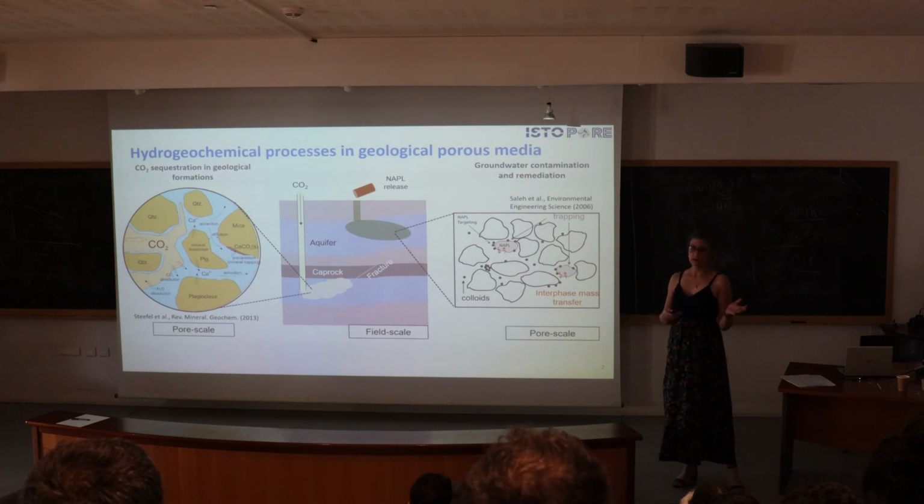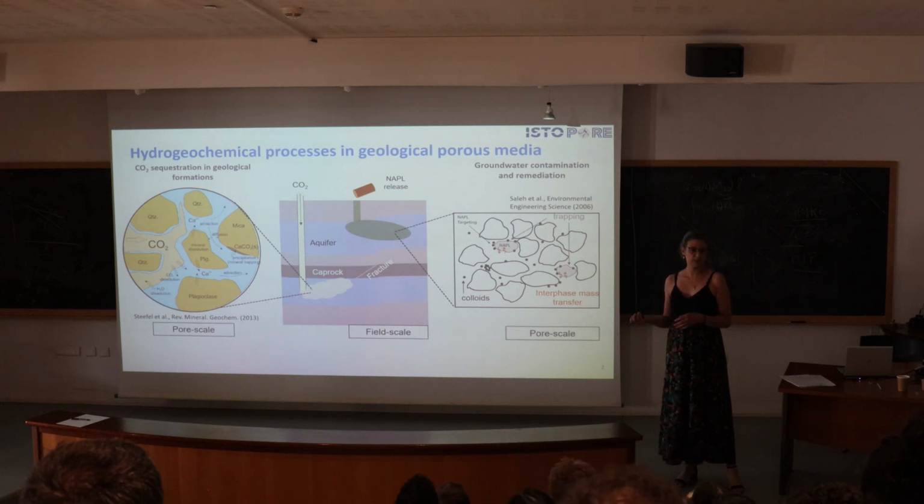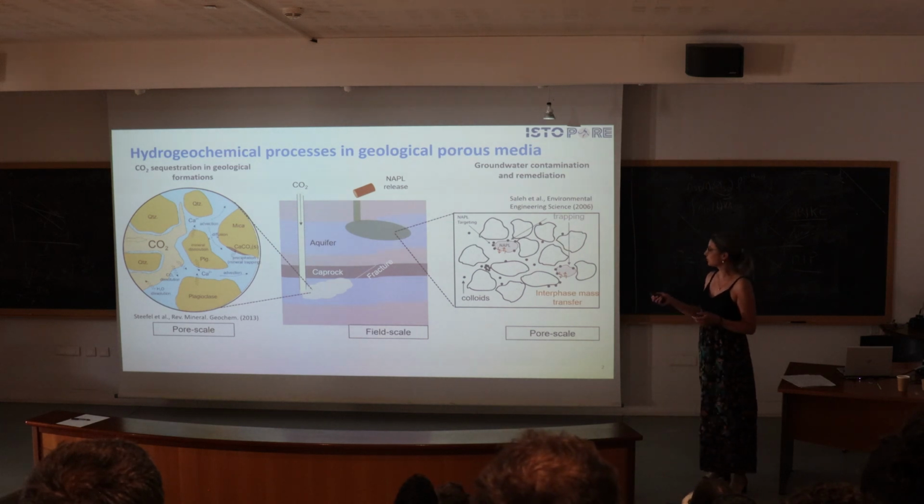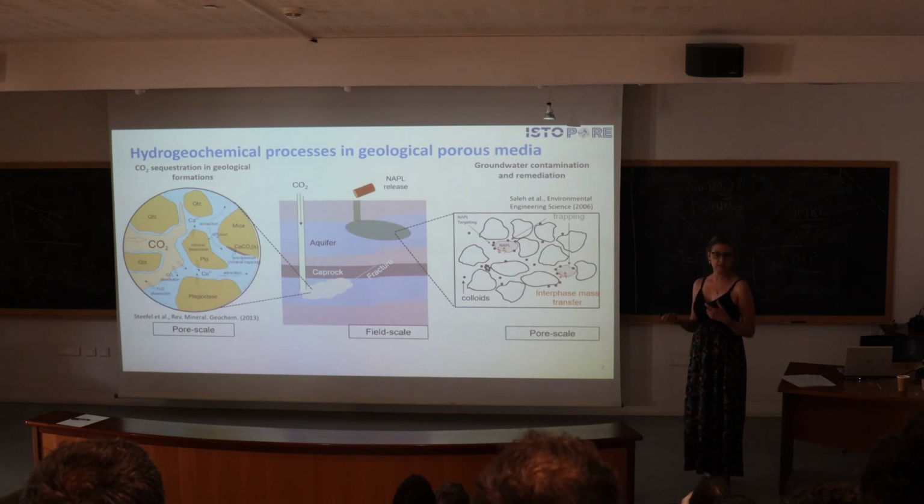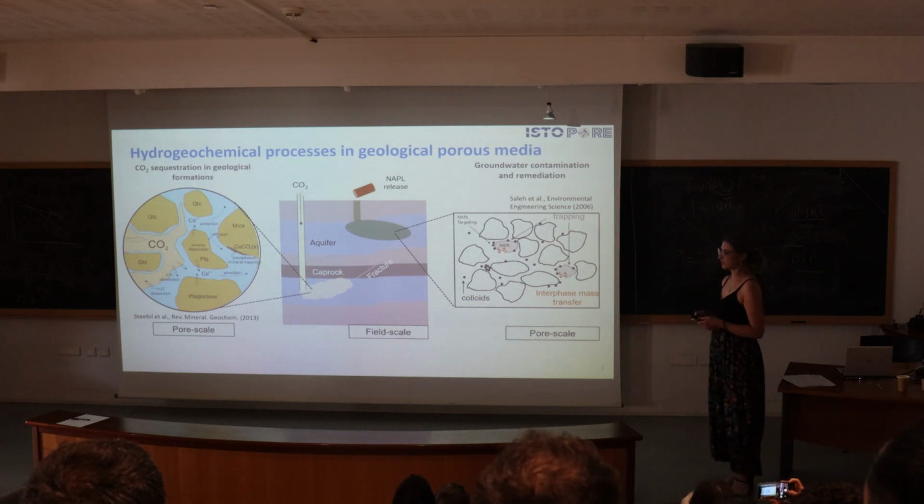Usually it's brine, and so you have a multi-phase flow problem, and part of the CO2 will get dissolved in water, so that can lead to some reaction, to alteration of the wettability. So you have all these kinds of processes.